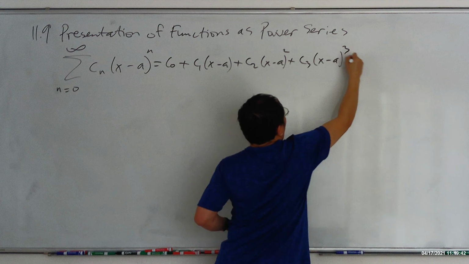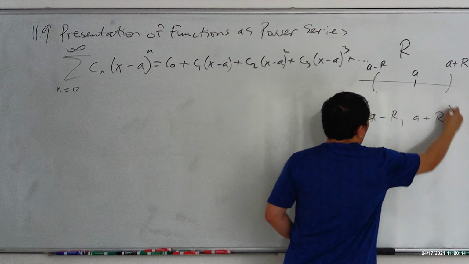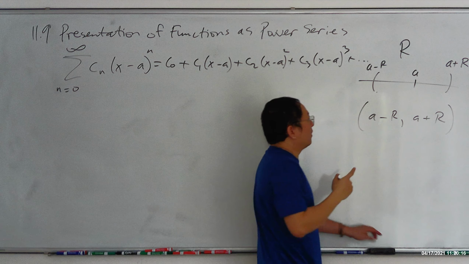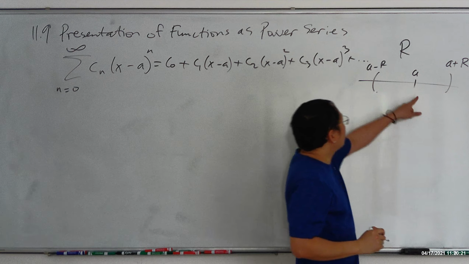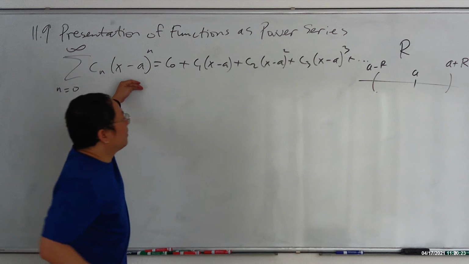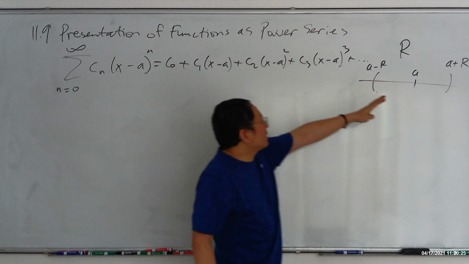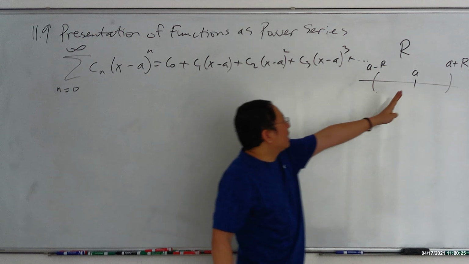I try not to write interval of convergence because I don't know about the endpoints yet. Could be square bracket like this, a minus r to a plus r, or could be parenthesis. I don't know. So I'll write it this way, with the radius of convergence r, center at a. Okay, so this power series converges when x equals a, and then radius of convergence r.